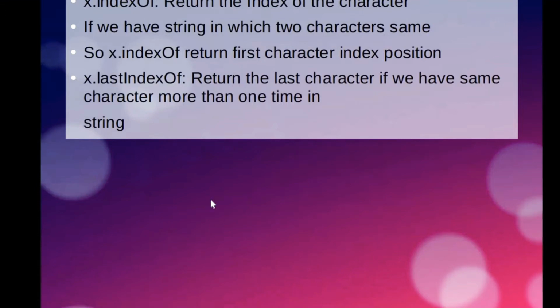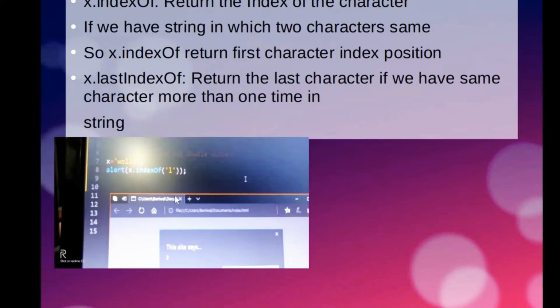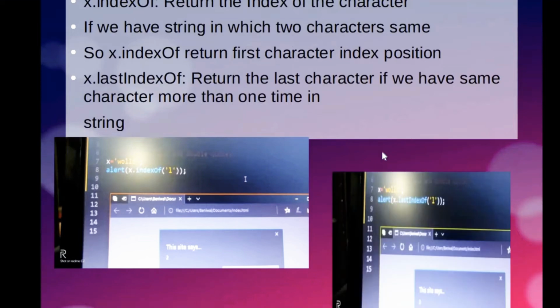So x.indexOf and x.lastIndexOf are different concepts, and here in a screenshot we have x equal to "WOLLD", and when we say x.indexOf with L, this returns 2. I think you're familiar with the example which I explained.